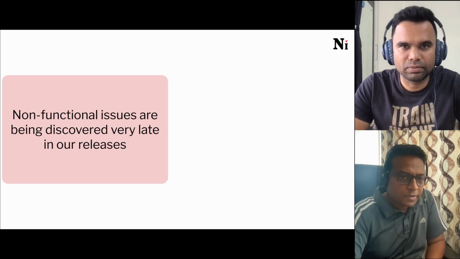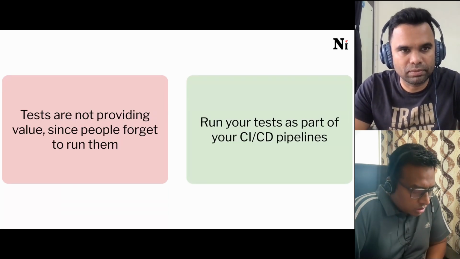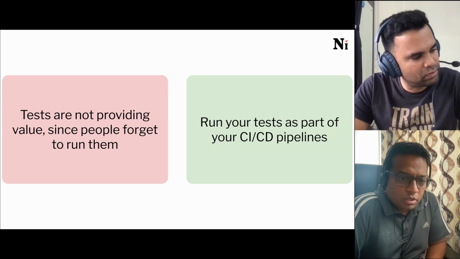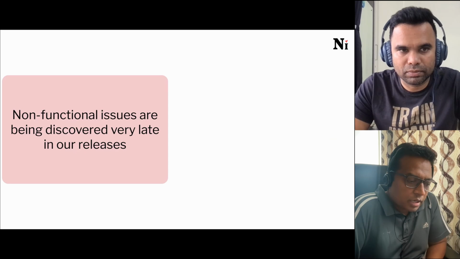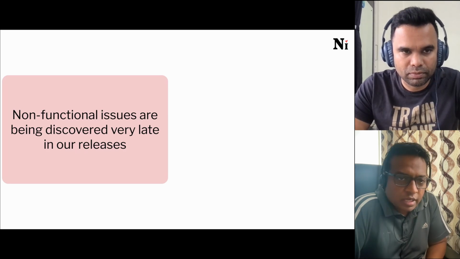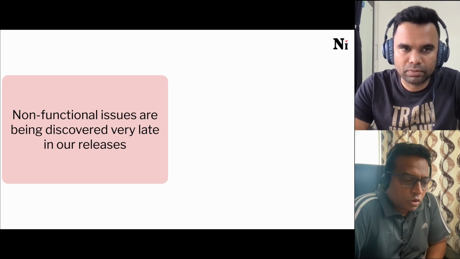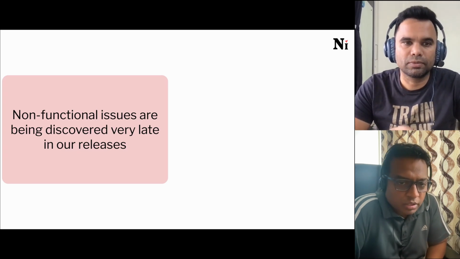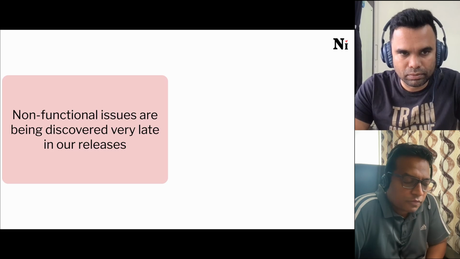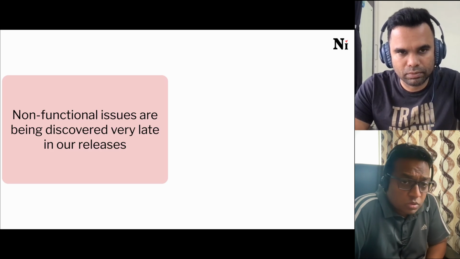Yeah. So then, I've seen teams adopt automated testing, but they do that for functional scenarios. But for non-functional testing, they still rely on doing it by hand or manually, using tools.